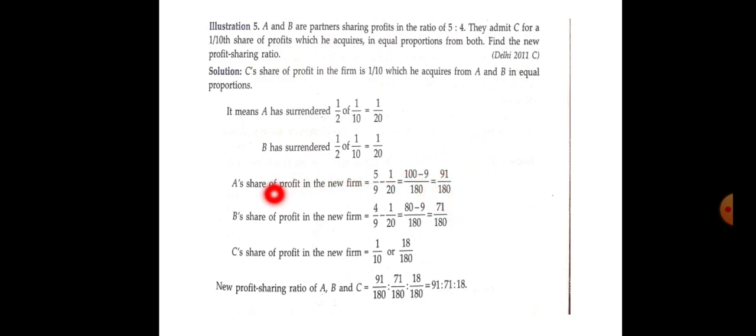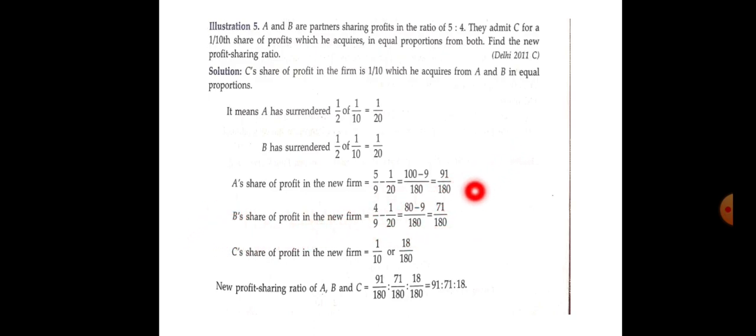Is it clear? As in the case of B, if the existing ratio was 4/9 and 1/20 will be sacrificed in favor of C, then the remaining share after this admission would be 71/180 in terms of B.